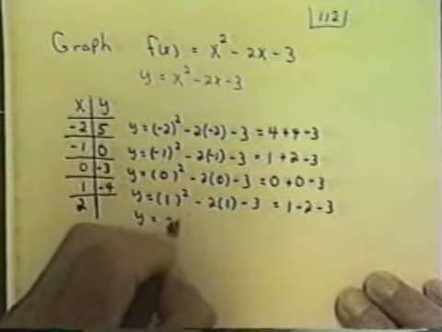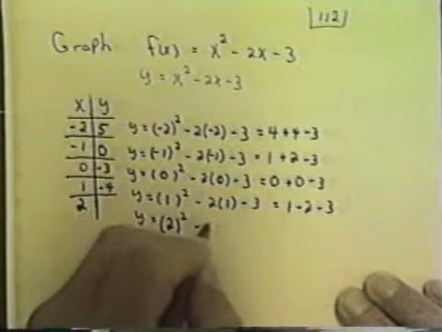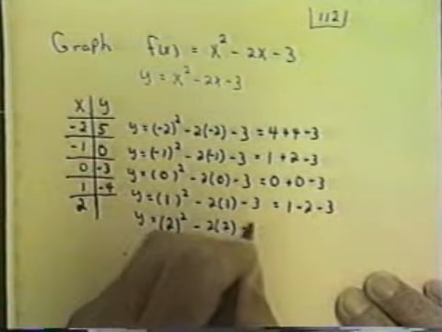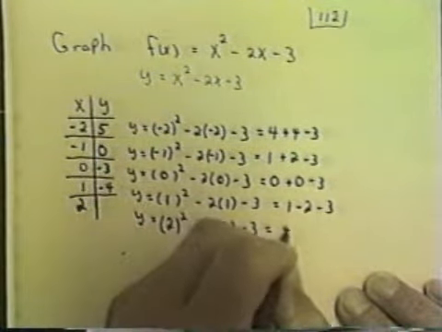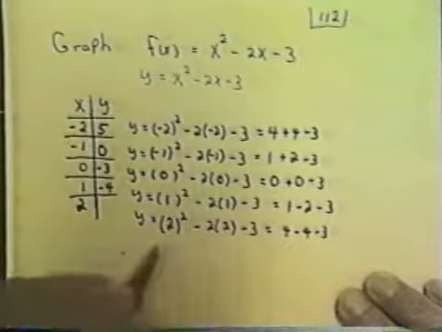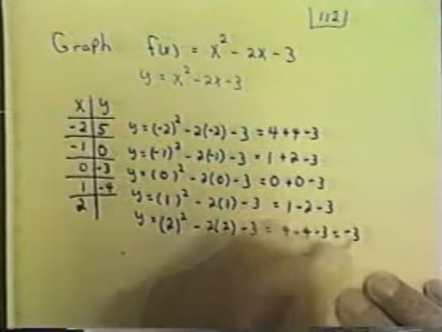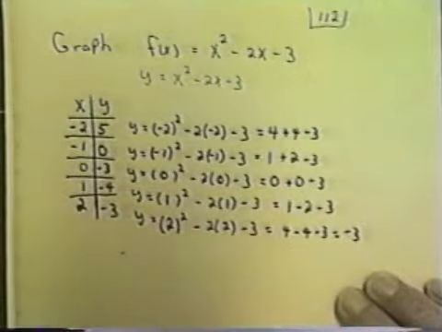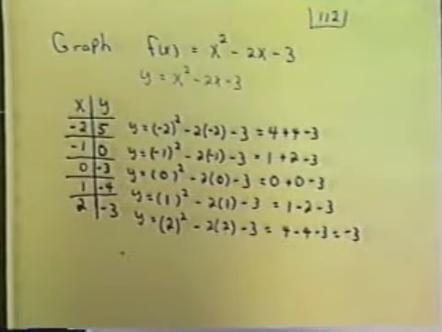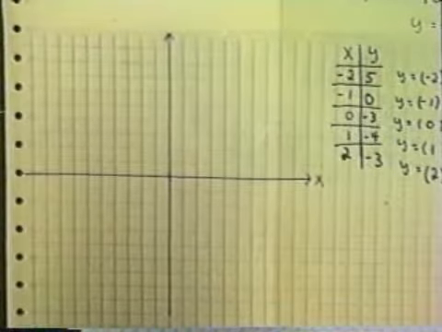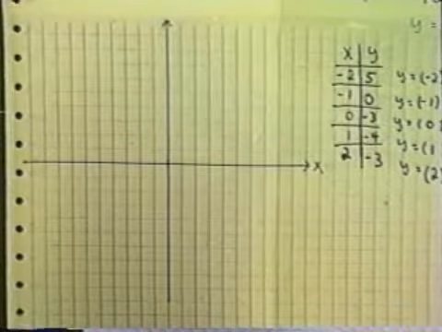Y is equal to 2 squared minus 2 times 2 minus 3, which is 4 minus 4 minus 3, which is -3. So now we have a partial table of values. I think in this case we're going to need more. But let's go ahead and plot the points that we have. And if we can see the parabola, we'll be through. If we can't see the parabola, we'll have to pick more points.